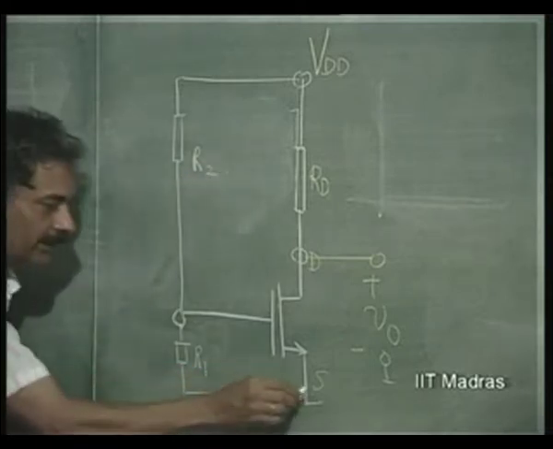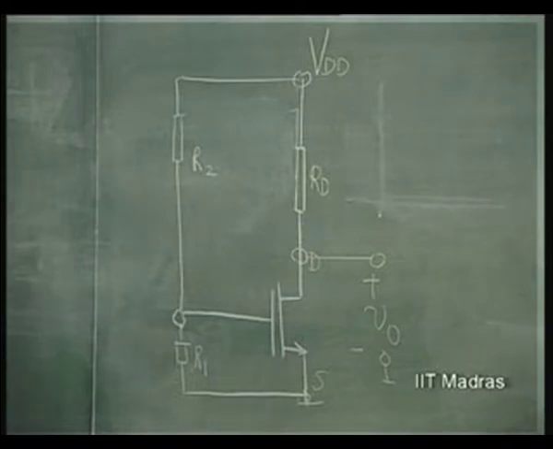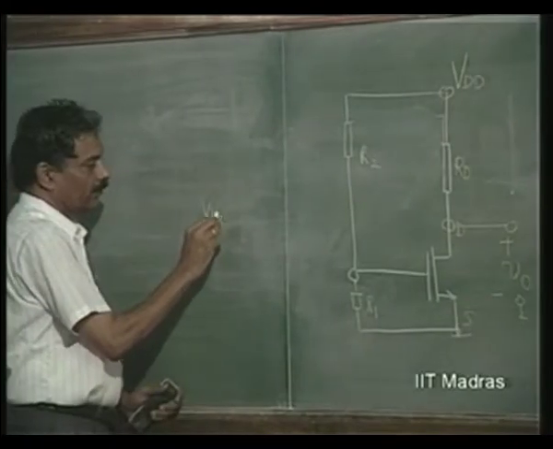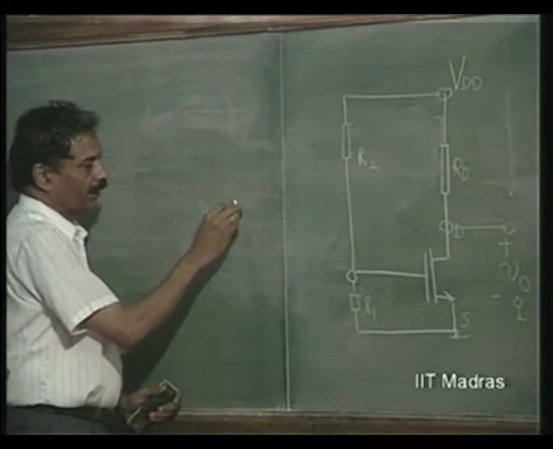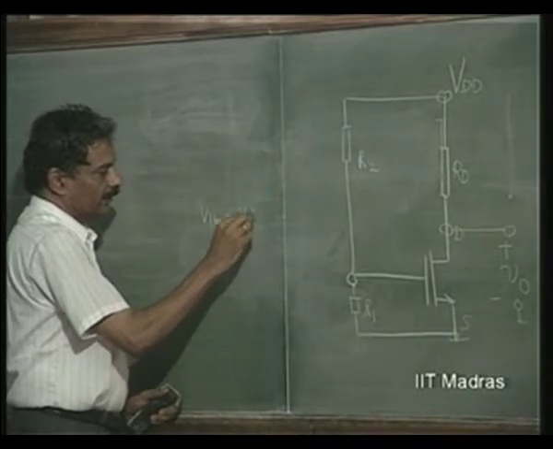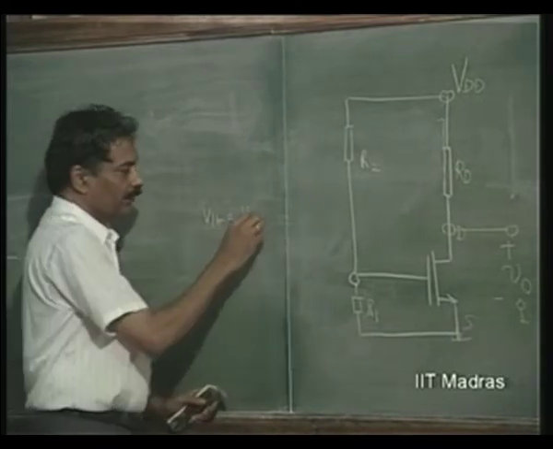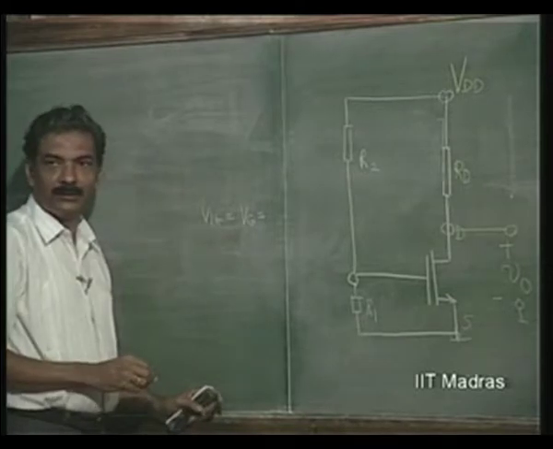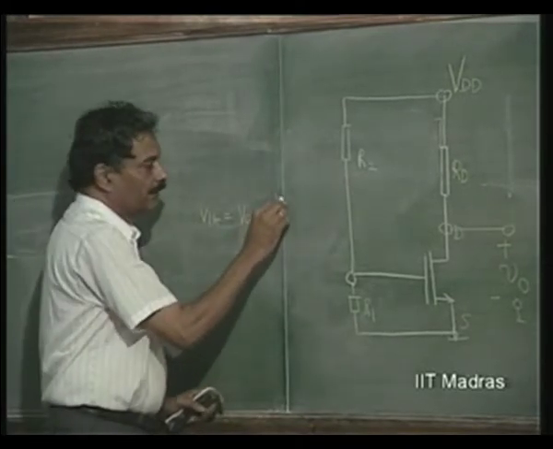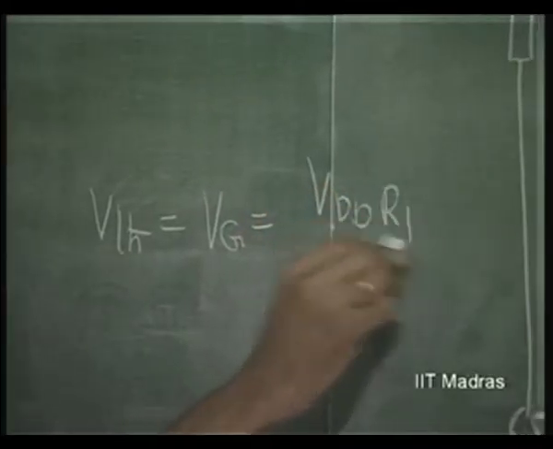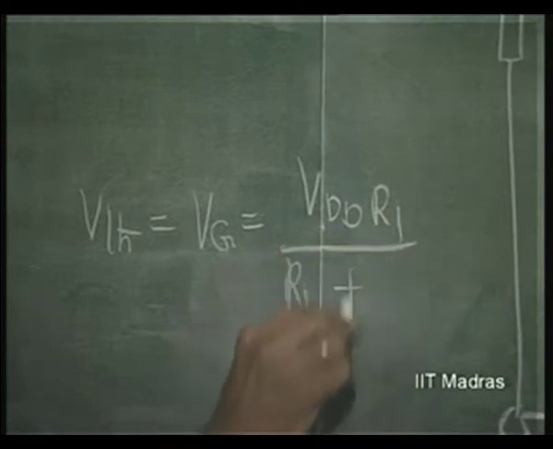So, we get this Thevenin's voltage, which is the same voltage as VG, which is equal to VDD into R1 by R1 plus R2.